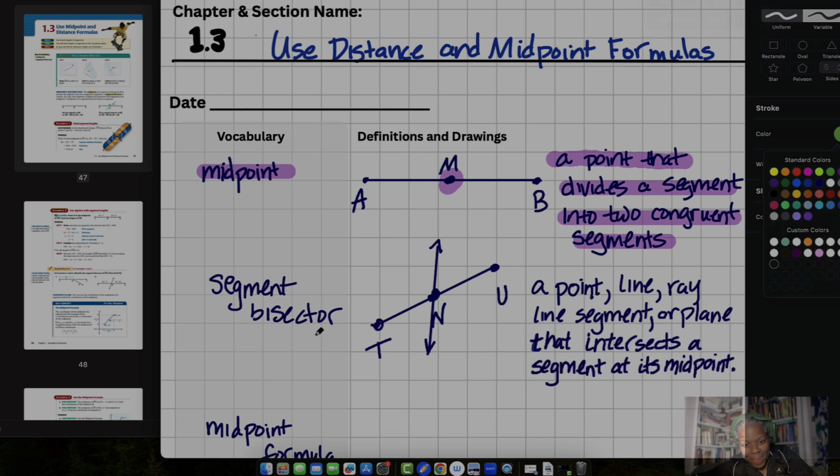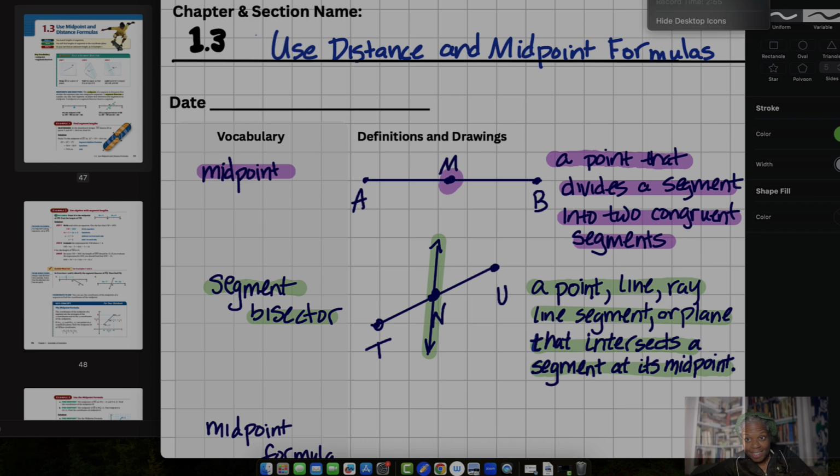So a segment bisector is going to be a point, a line, a ray, or even a line segment or a plane that intersects the segment at its midpoint. So that's what a segment bisector is. And in this case, in our visual example, we just have a line being the segment bisector, but it could be all those other things.